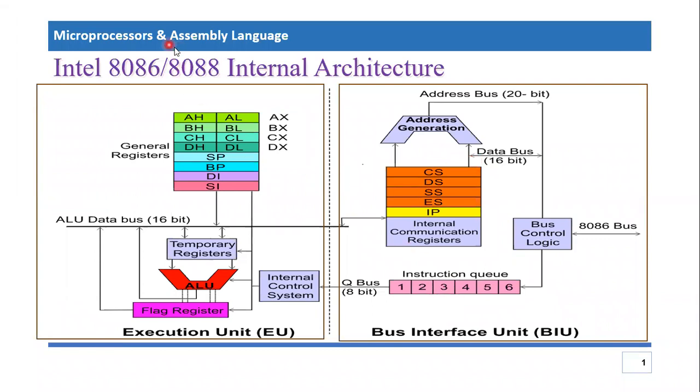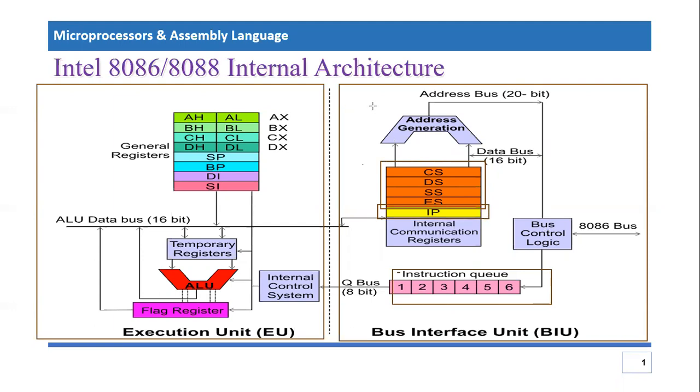Now let's focus on the bus interface unit. In this unit, we see a number of sections. For example, this is our instruction queue. These are different segment registers, which are very important and which we will consider frequently in our overall course. There is an IP register, called the instruction pointer.